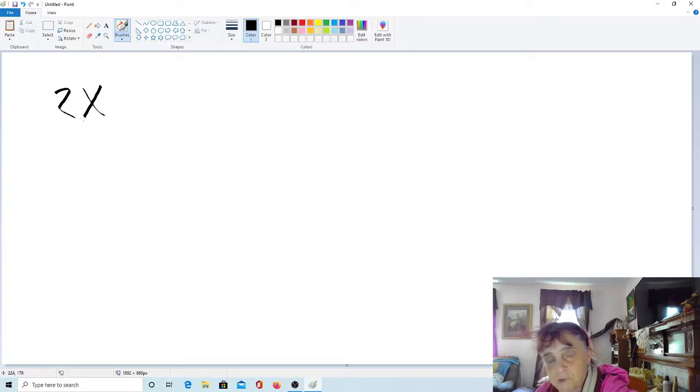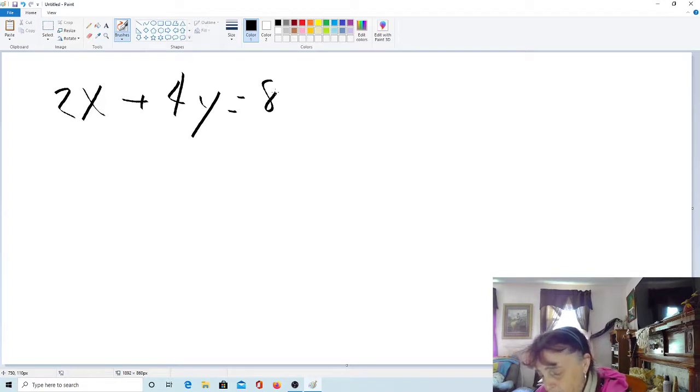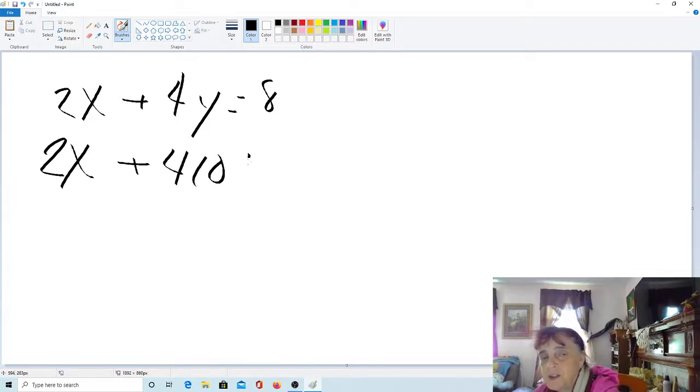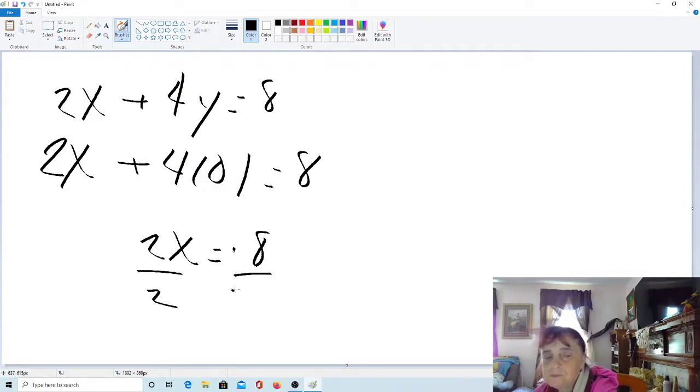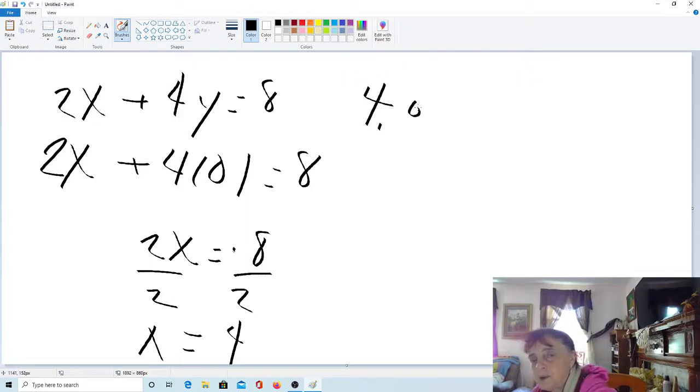2x plus 4y equals 8. Let x be 0, solve for y. Now let y equal 0, solve for x. So 2x plus 4 times 0 is 8. 2x equals 8. x equals 4. So you have (4, 0).